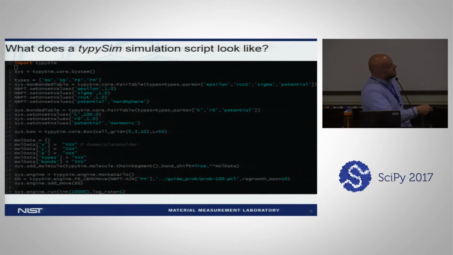In this case, we're doing a fixed endpoint configurational bias Monte Carlo simulation, so we just have this one move that we apply, and finally we run it. And so in about 30 lines, you're able to construct and run a relatively complicated molecular Monte Carlo simulation that uses a pretty complex move set.